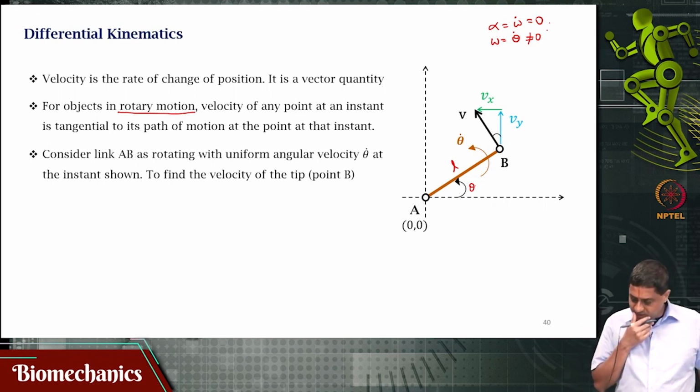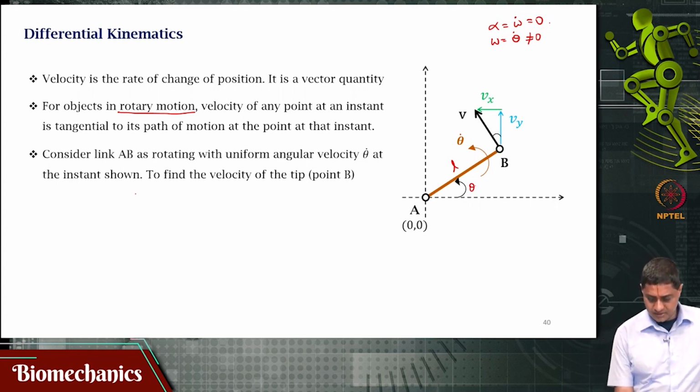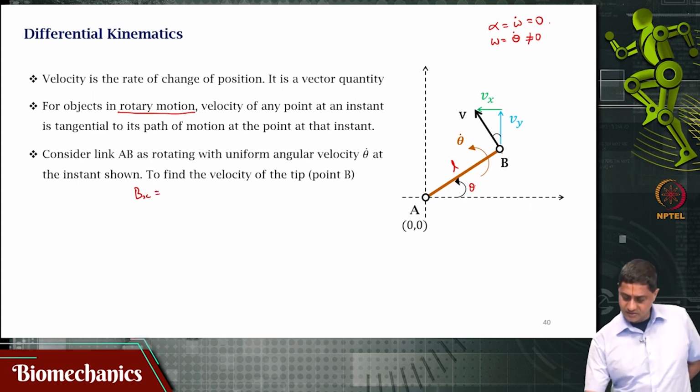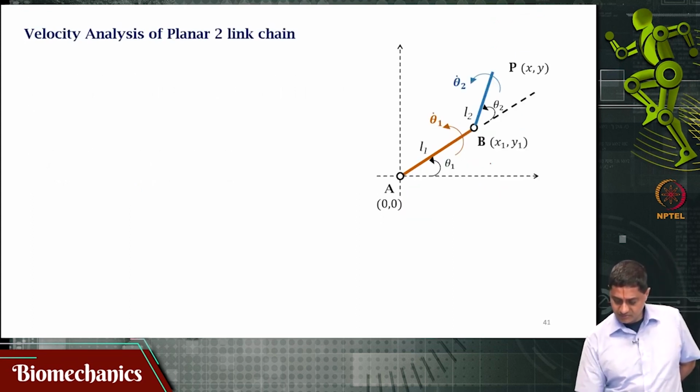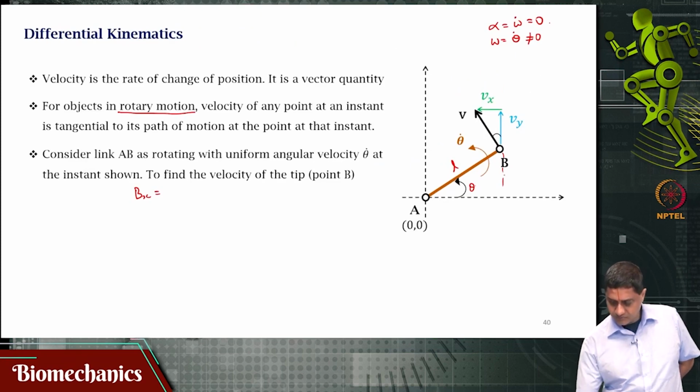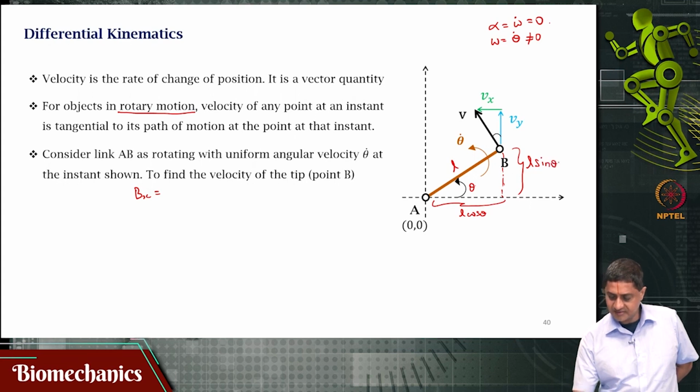Well, first I can write out the coordinates of the point B. The x coordinate of point B is, from our vector analysis, L cos theta, and the y coordinate is L sin theta.